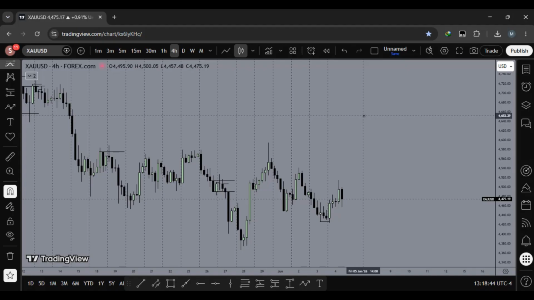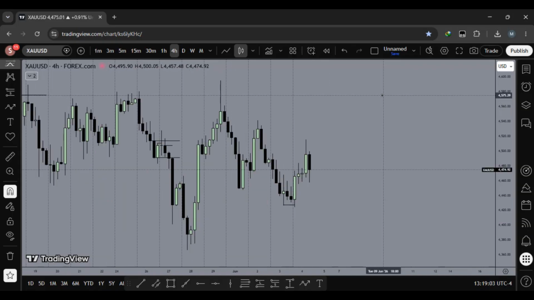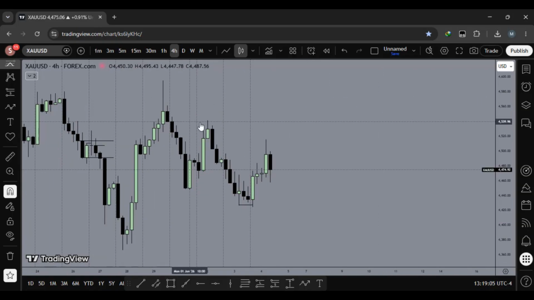You understand? The real edge comes when you combine it with ICT concepts. Don't be trading it as a standalone strategy. It will look as if you're entering blindly. Just go to the chart and look at what I'm telling you. You will see it. It's everywhere.